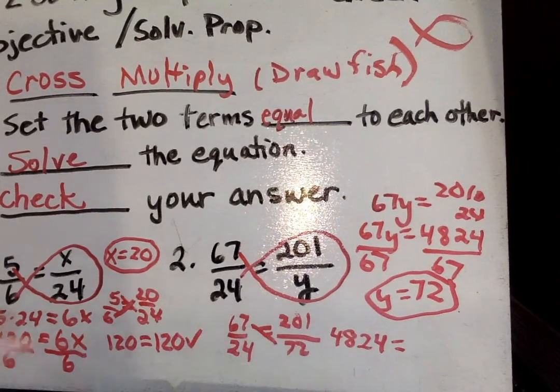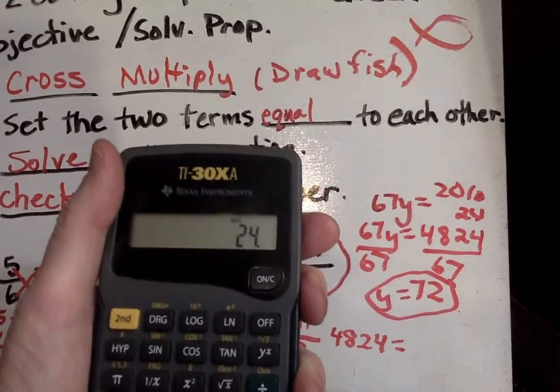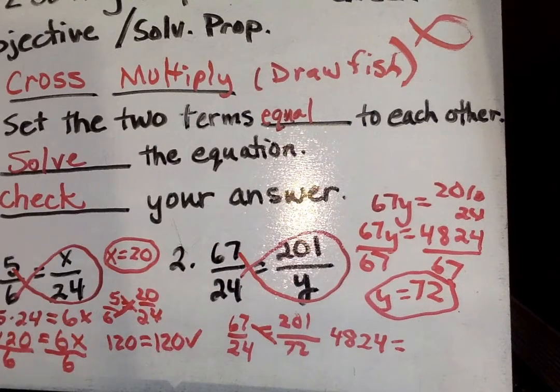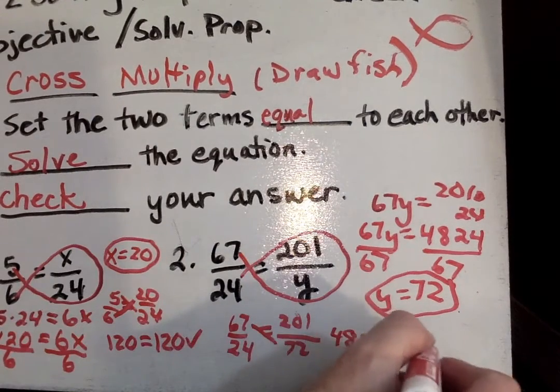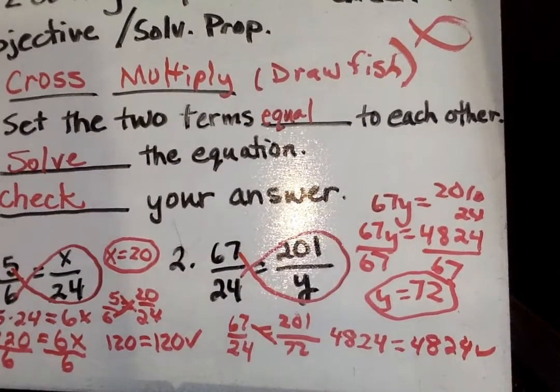And we're going to see if that equals 24 times 201. 4824. So that one checks as well.